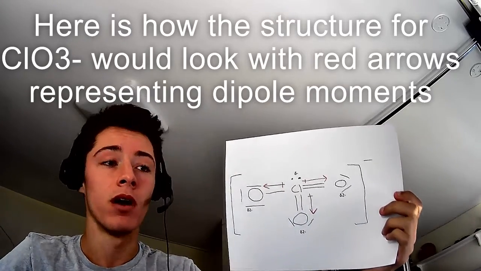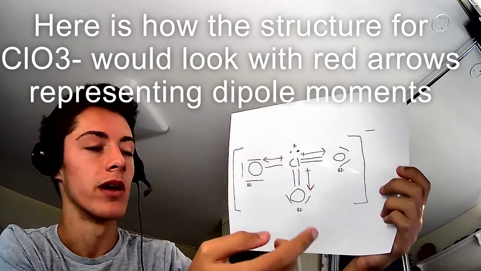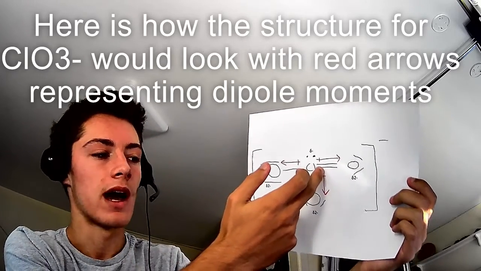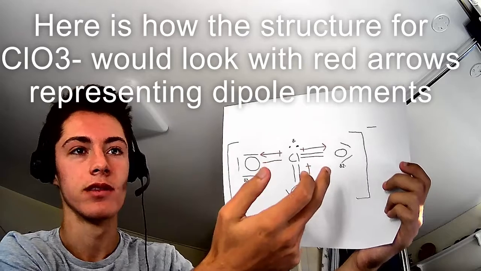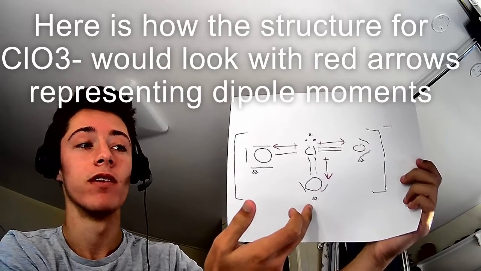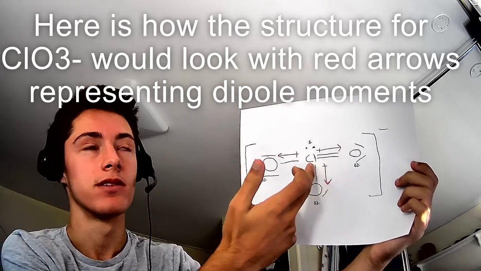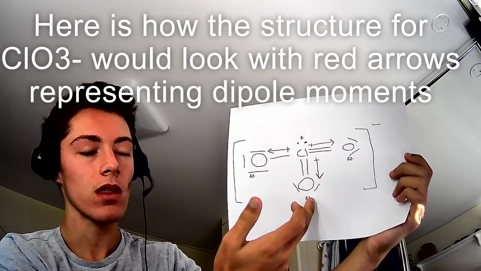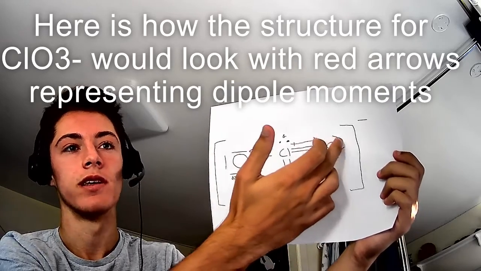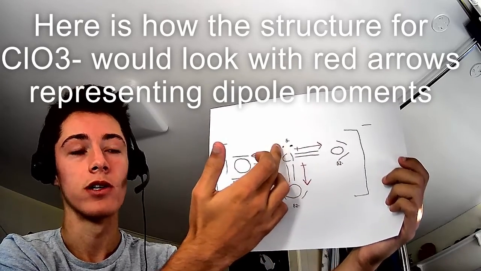But for the bonds, the polarity of these bonds and the dipole moment would be pointing towards the oxygens, and this is because the oxygens would be more negative in charge than the Cl, because as you can see, the oxygens would all have -2 charges, whereas the Cl would just have a -1 charge.